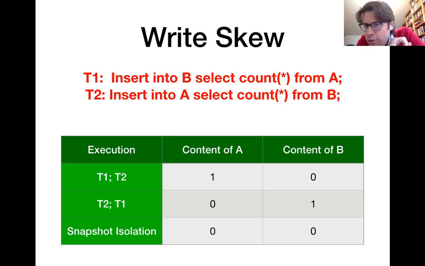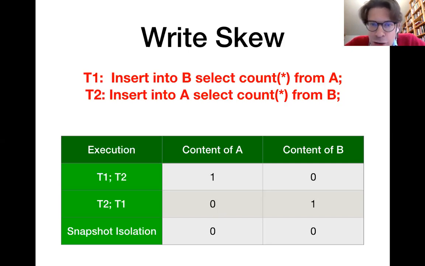And now we have one row in table A. So if the second transaction runs, which inserts into table A the count of rows in table B, since we just inserted a row into table B, it means that we would now insert a 1 instead of a 0 into table A. If we do it the other way around, if we start with transaction 2, it would first of all calculate the number of rows in B, which initially is 0, and insert that into A. So this is why in A we have now the 0.